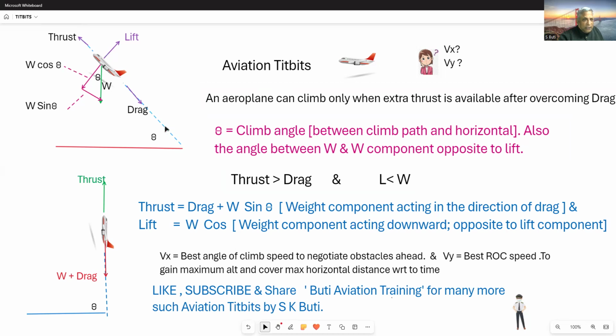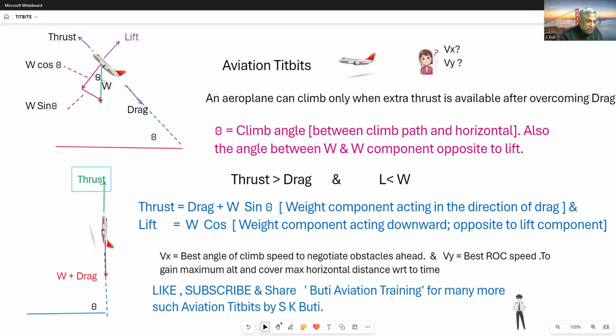And if you keep on increasing theta and theta becomes 90 degrees, then drag and weight are both acting vertically downwards towards the center of the earth, and thrust requirement will be W plus the drag. Sine theta will be 1. So drag and weight both have to be looked after by the thrust.